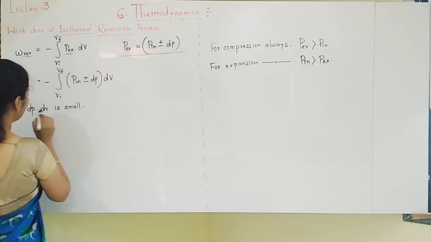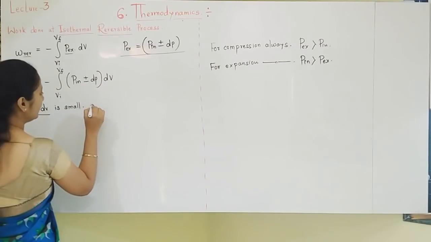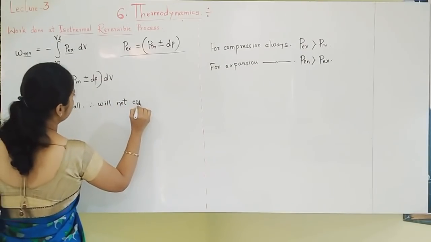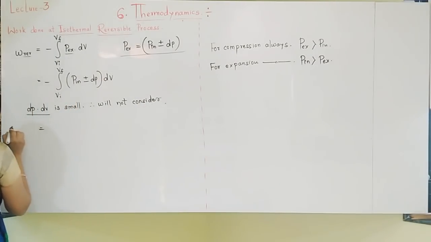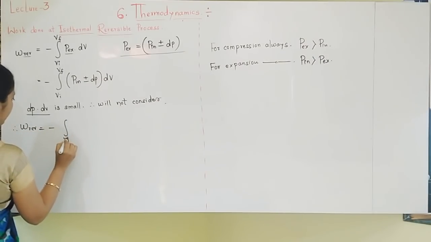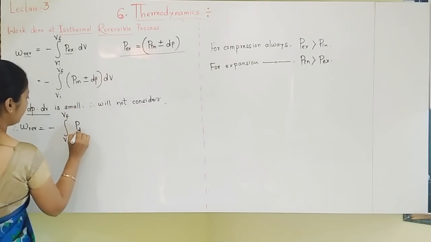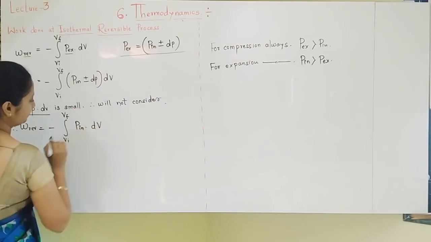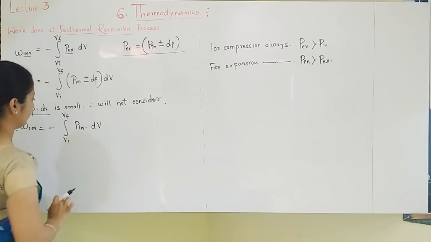So dP into dV is small, therefore we will not consider it. So what is left, students? W reversible is equal to minus, initial to final, of P internal into dV. This is removed, so left is P internal into dV.